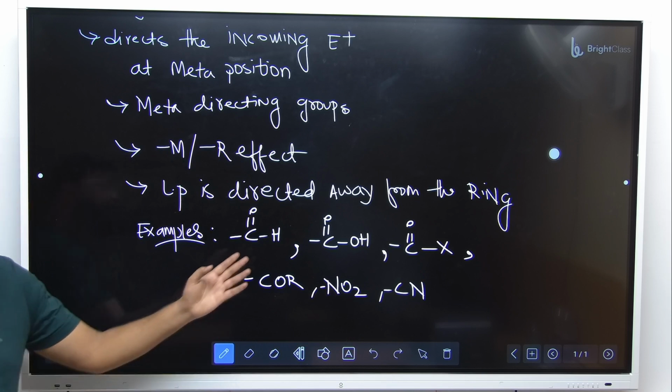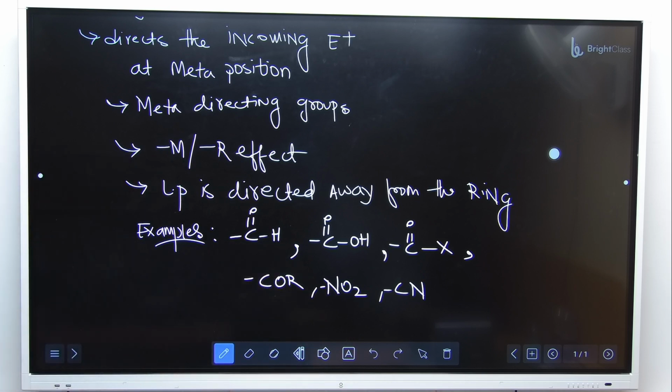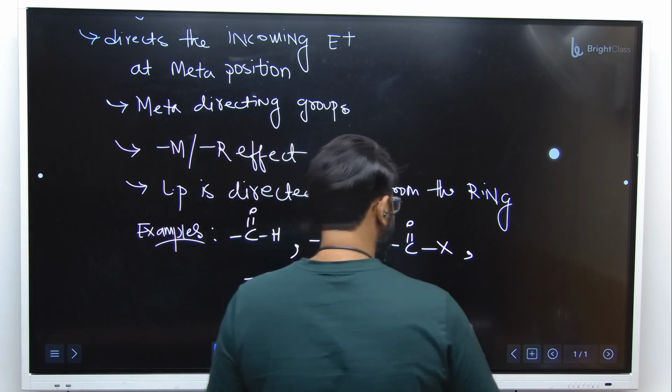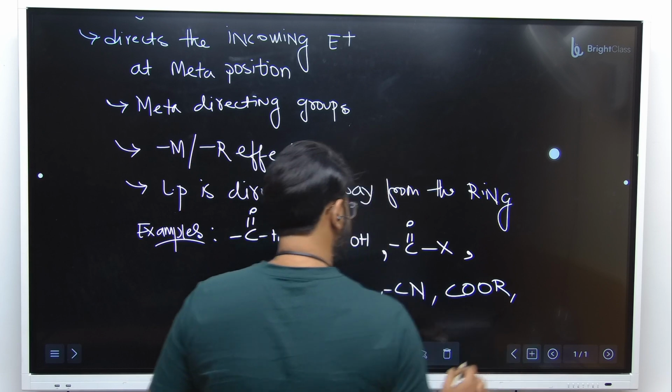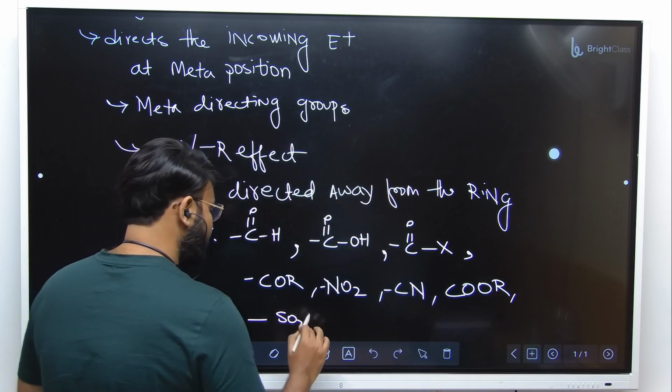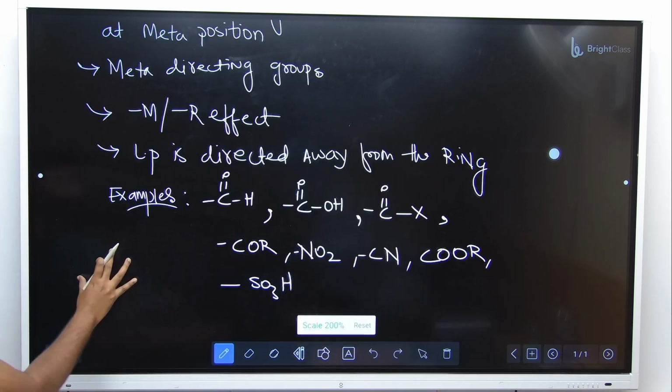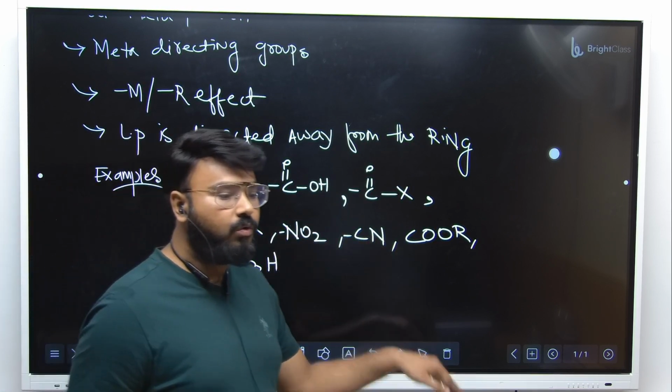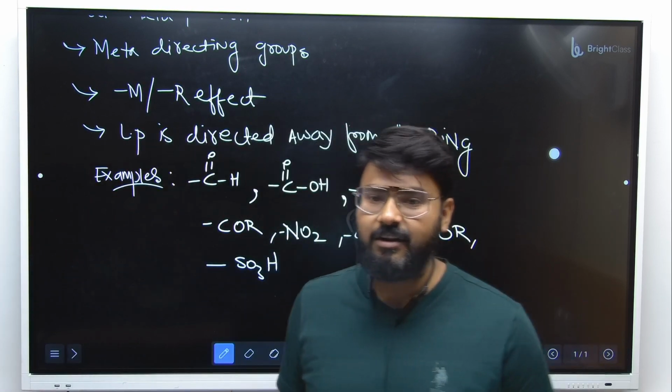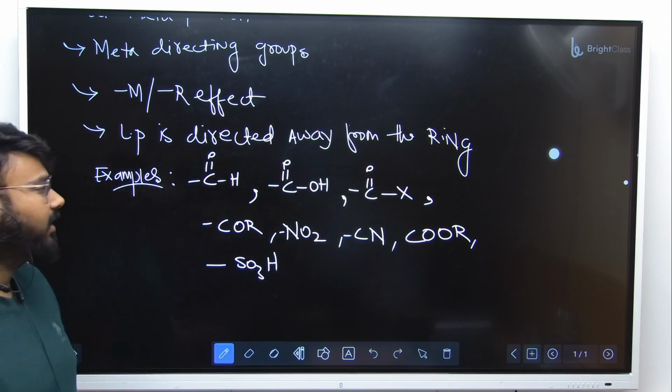Guys, look at them. They all are deactivators. Everyone, please write it down. Sulfonic acid I missed. COR I have written, I mentioned COOR. And the last one, SO3H, sulfonic acid. So guys, these are all the groups which will direct at the meta position. They are ring deactivators.